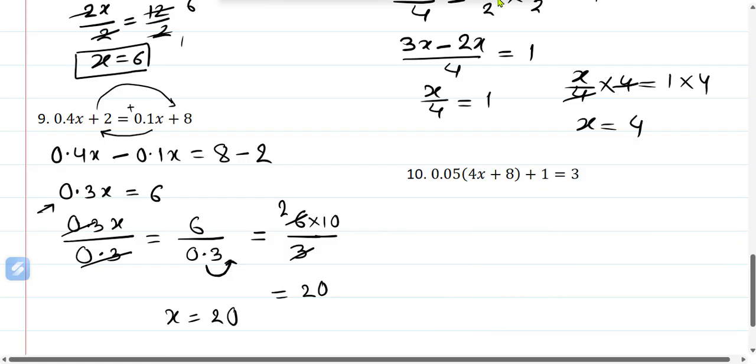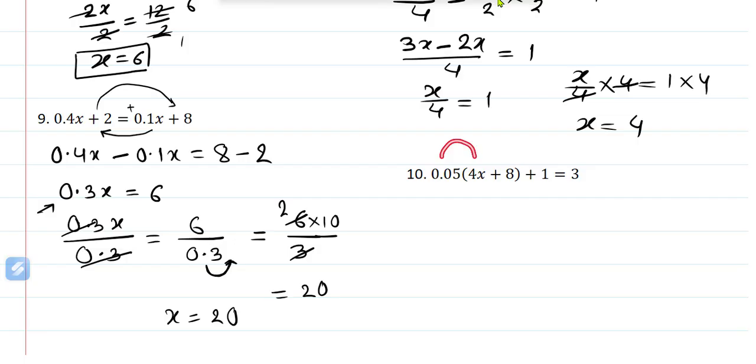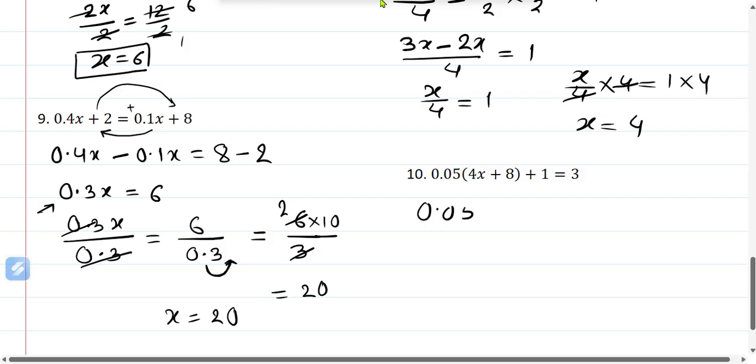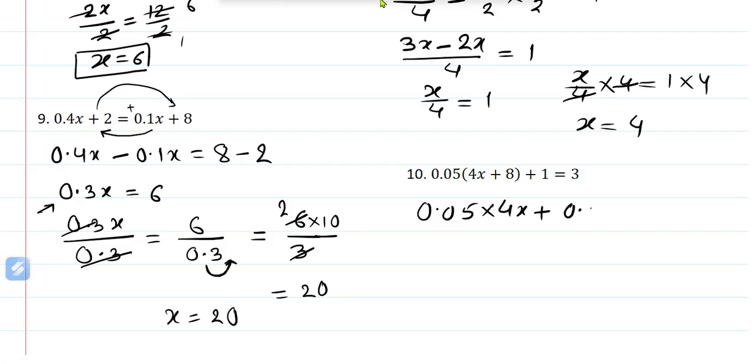So in this case, you multiply 4x by 0.05, and again you multiply this 8 by 0.05. So here you multiply 0.05 times 4x plus 0.05 times 8 plus 1 is equal to 3. Similarly, simply here we are multiplying 0.05 by 4.